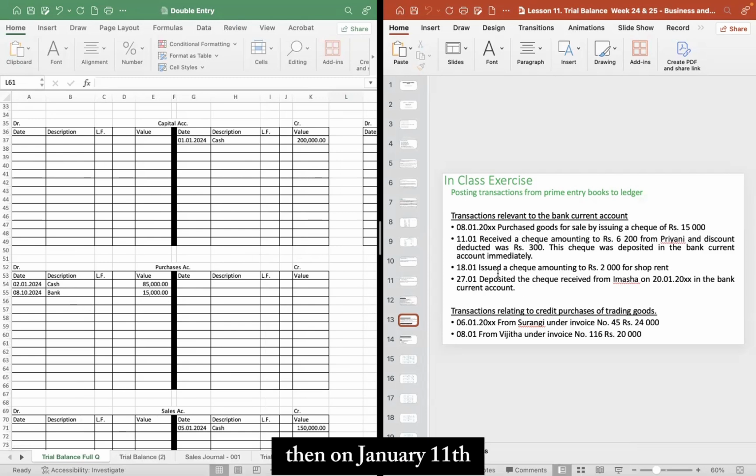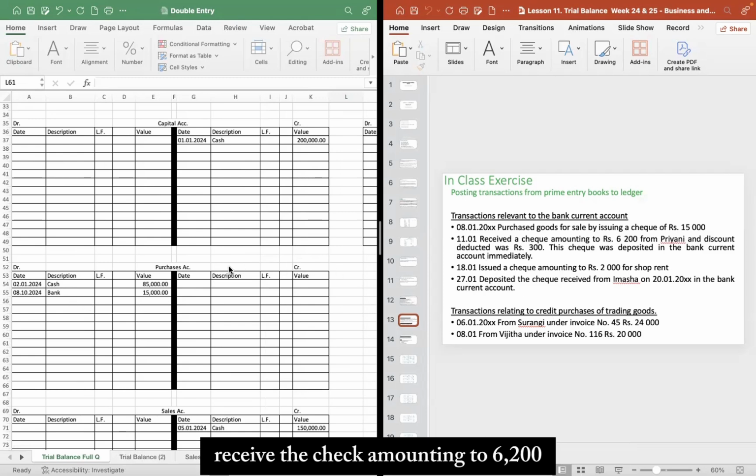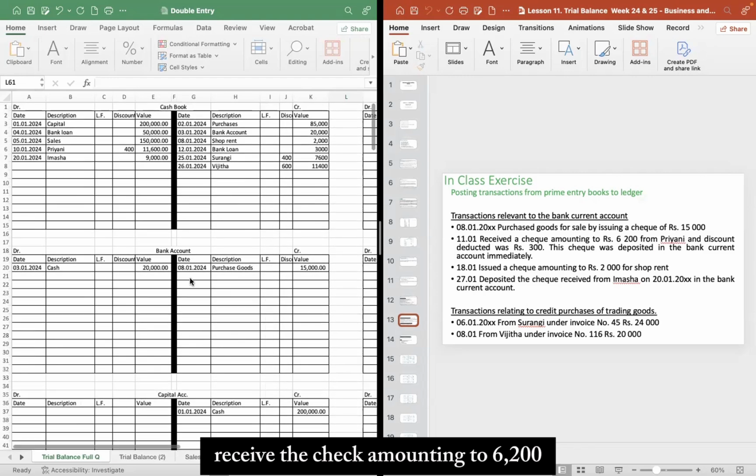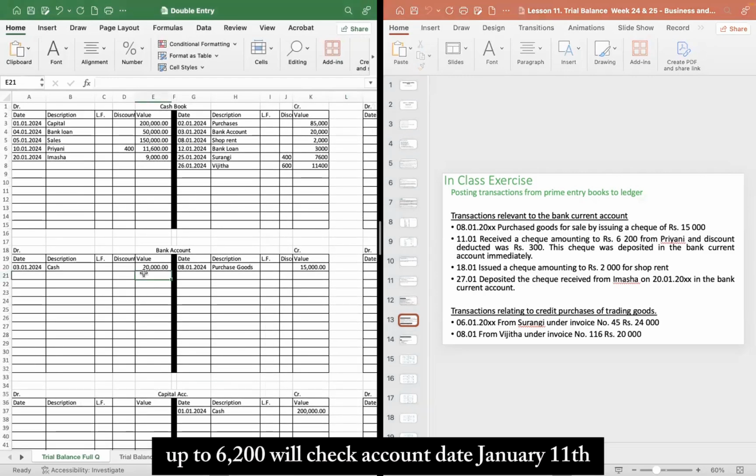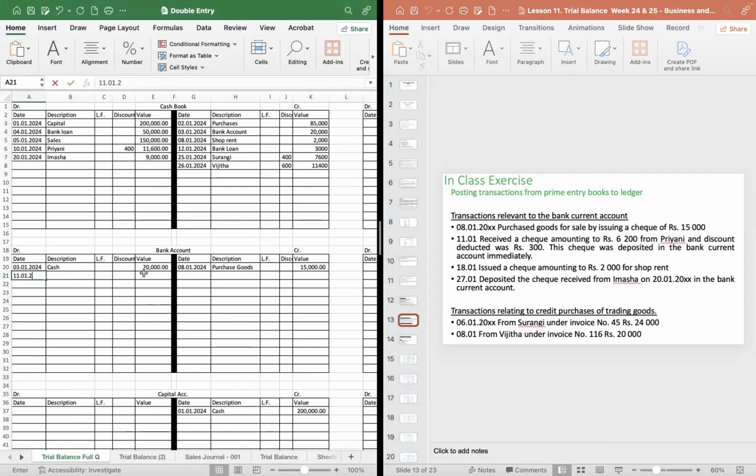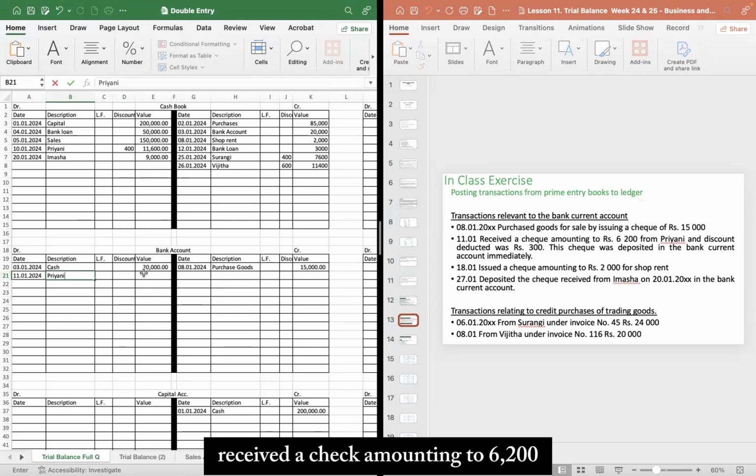Then on January 11th, received a check amounting to 6,200. Cash.